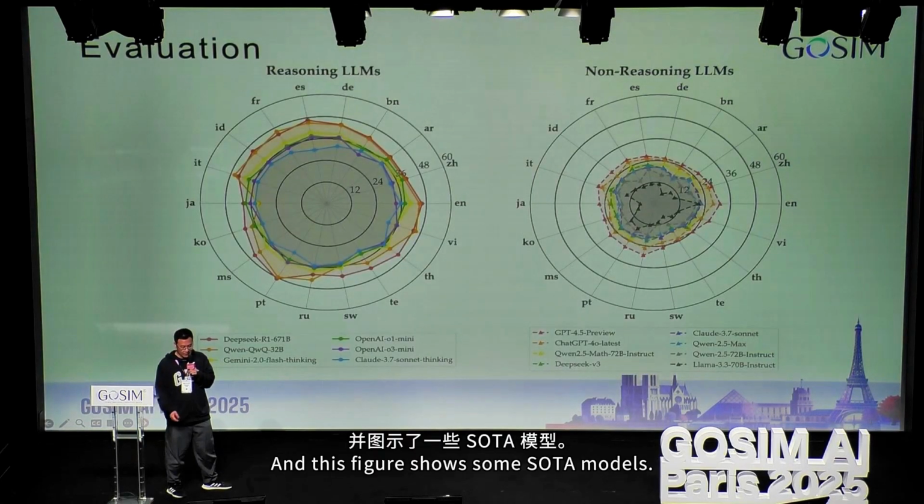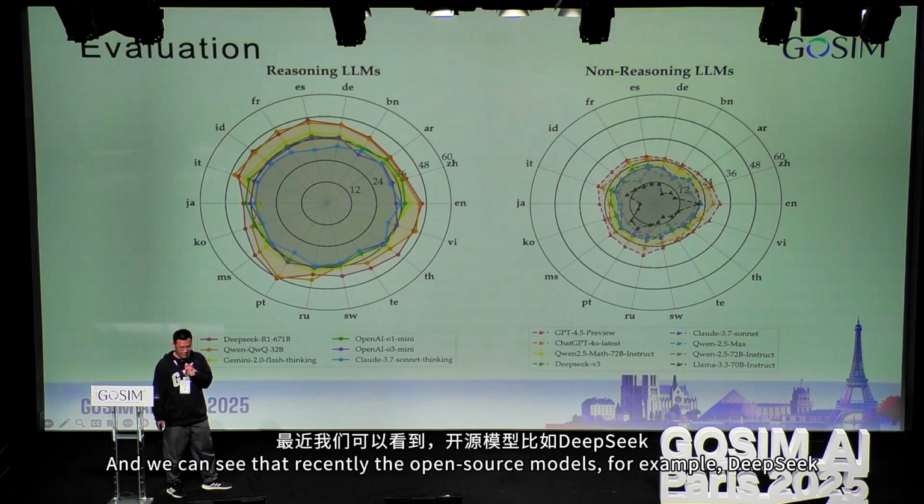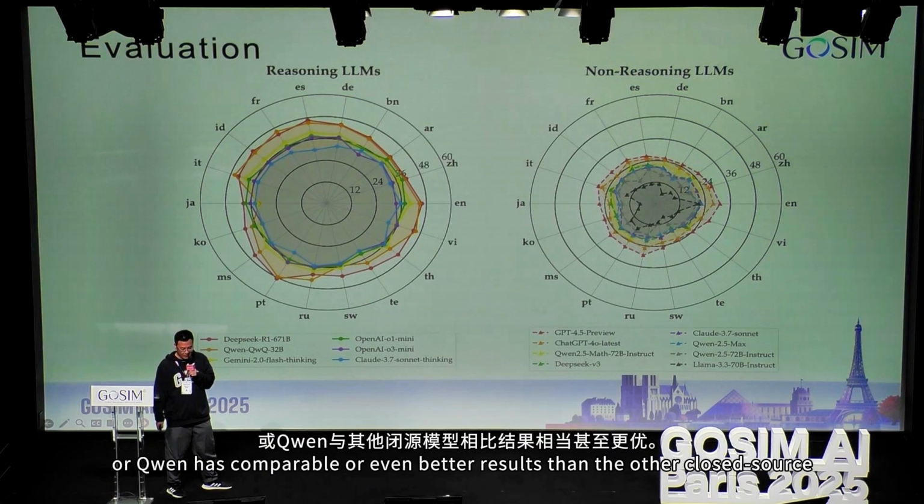And this figure shows some SOTA models. We can see that recently the open source models, for example, DeepSeek or Qwen QwQ, have achieved comparable or even better results than other SOTA closed source models.